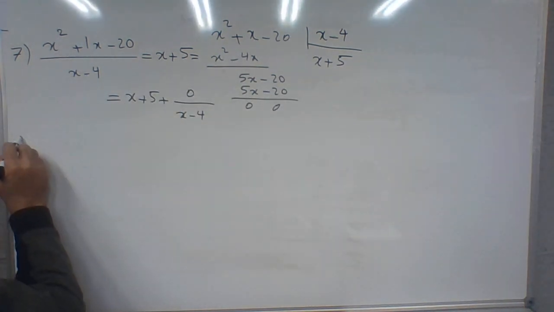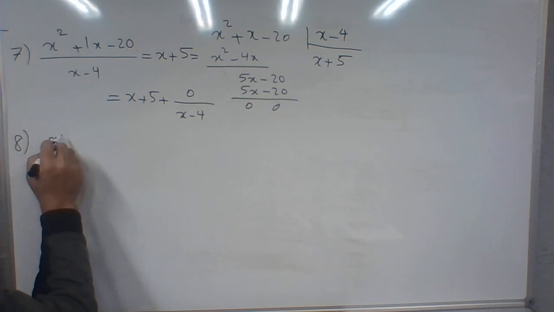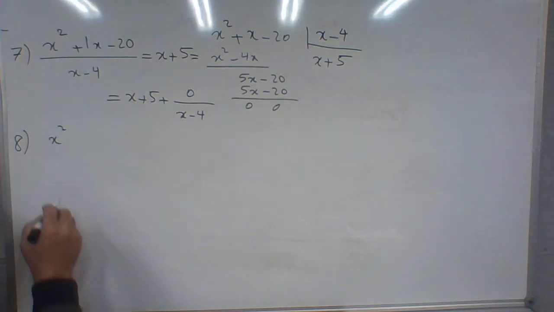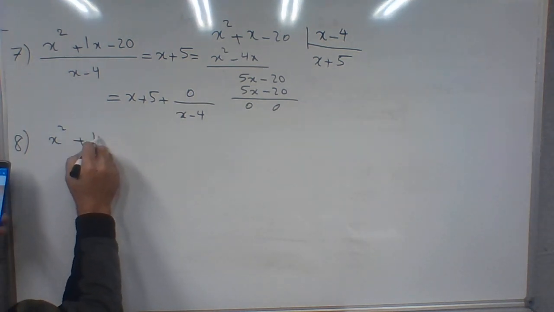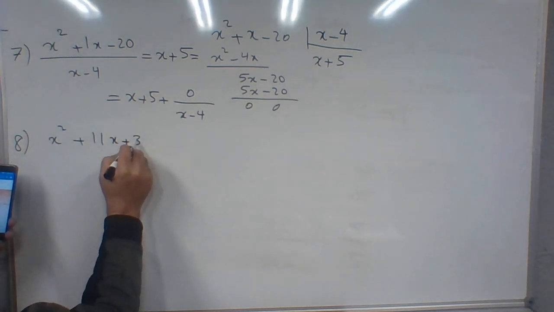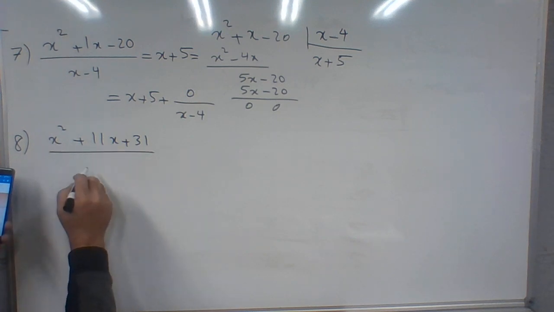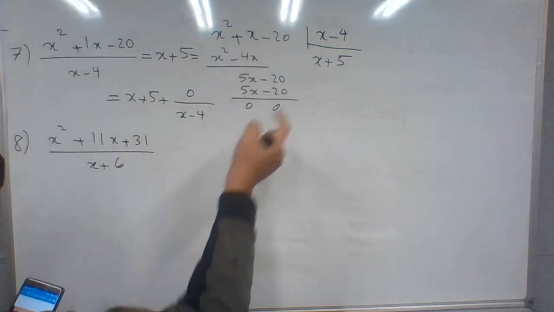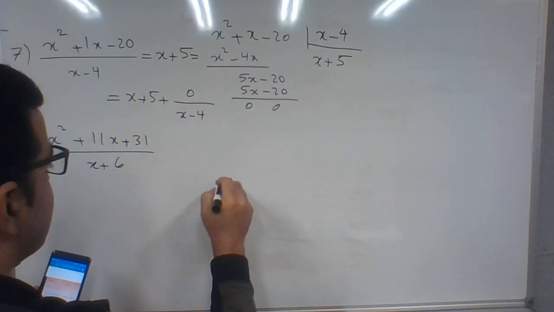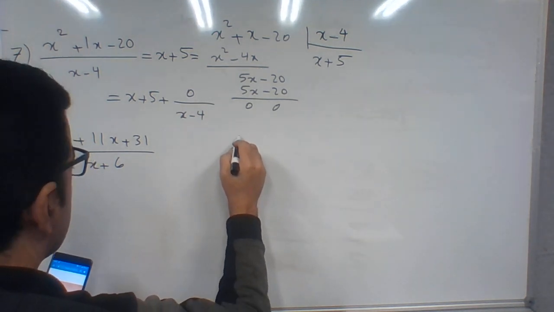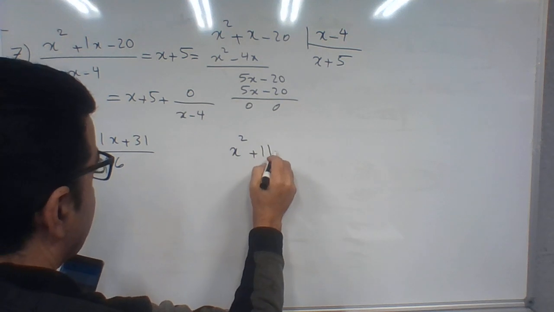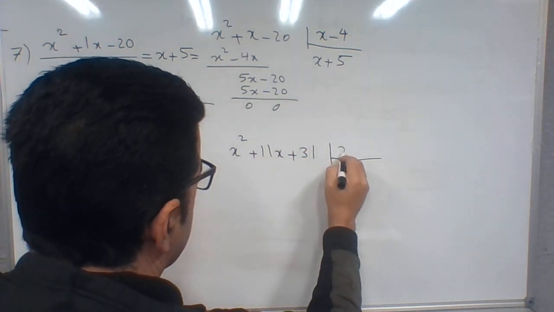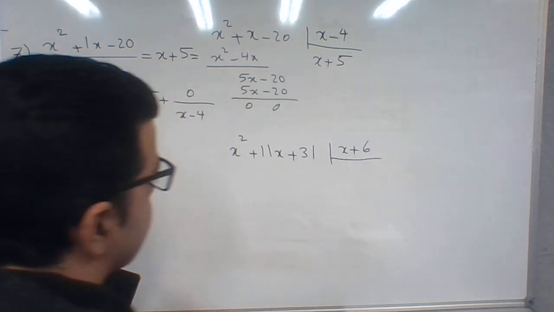Divide x² plus 11x plus 31 over x plus 6. Again, we use the usual division, not synthetic. x² plus 11x plus 31 divided by x plus 6.